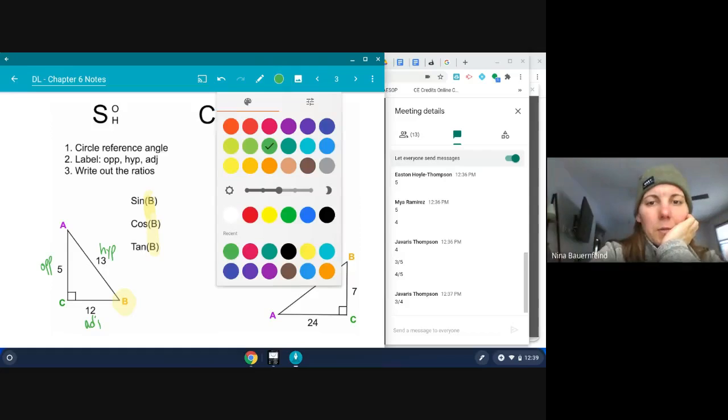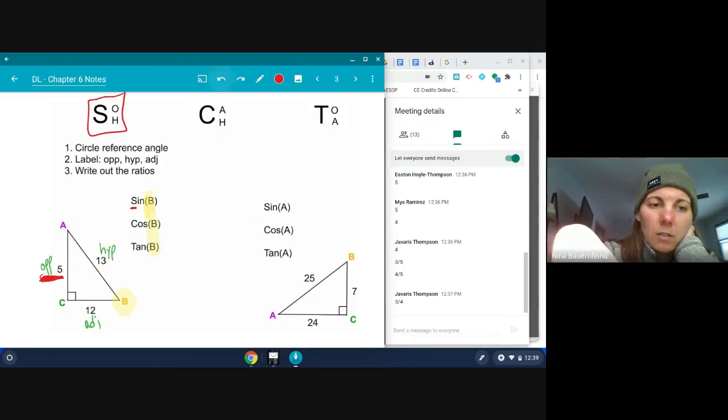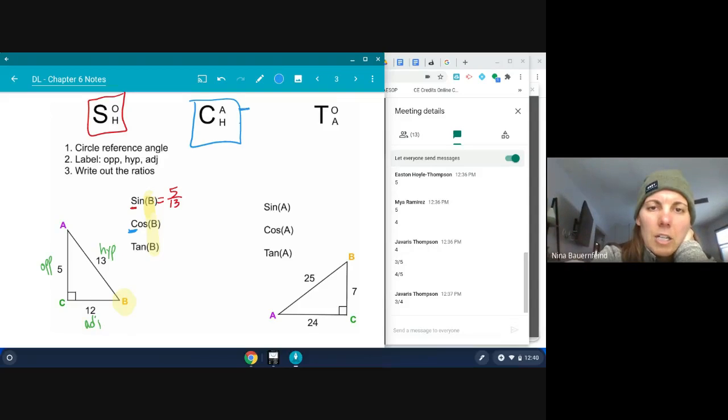And then when we do sine, sine is opposite over adjacent. So opposite, I'm sorry, not over adjacent, opposite over hypotenuse. Opposite over hypotenuse. So we're going to go 5 over 13. Cosine, this one, is adjacent over hypotenuse.